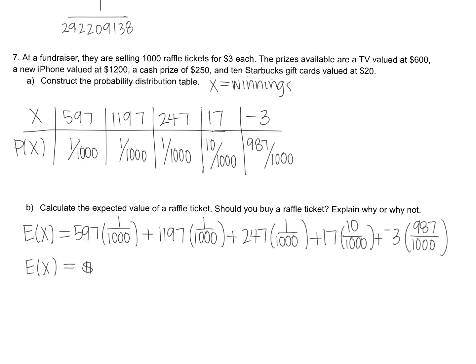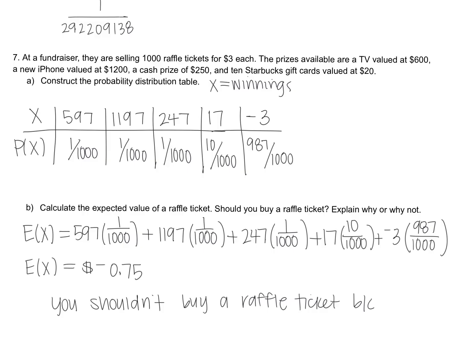And because it is price, the expected outcome will be money. And it ends up being -75 cents. So this tells me, because my outcome is negative, that I shouldn't play the game, or you shouldn't buy a raffle ticket, because you are expected to lose.